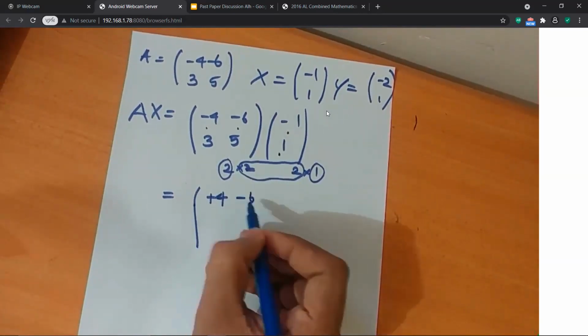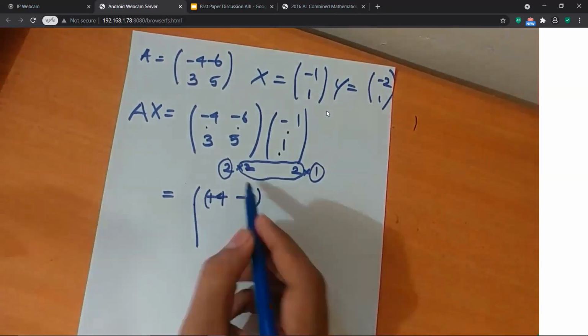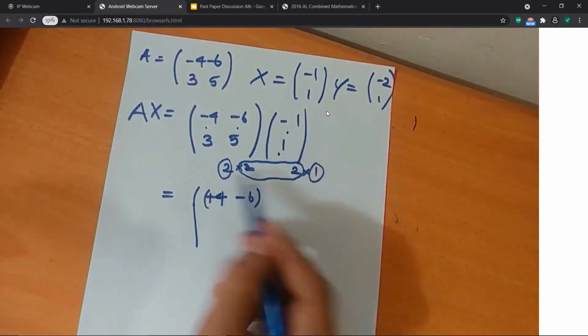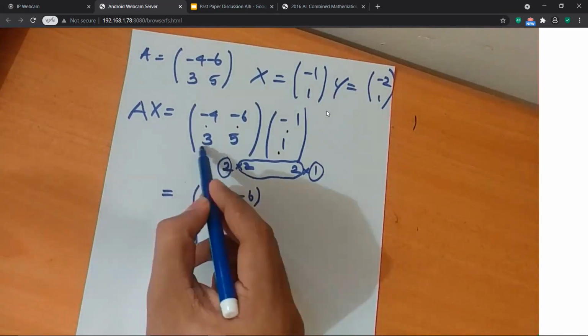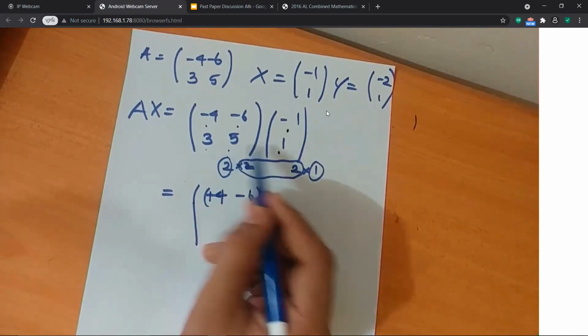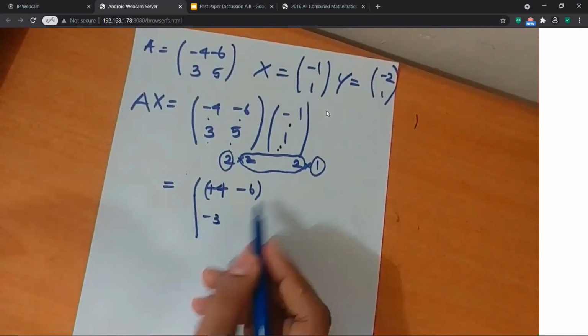This is the first value. It will be a matrix similar to this because only a 2 by 1 matrix will come. Next row, 3, 5: 3 multiplied by -1 is minus 3, 5 times 1 is 5.